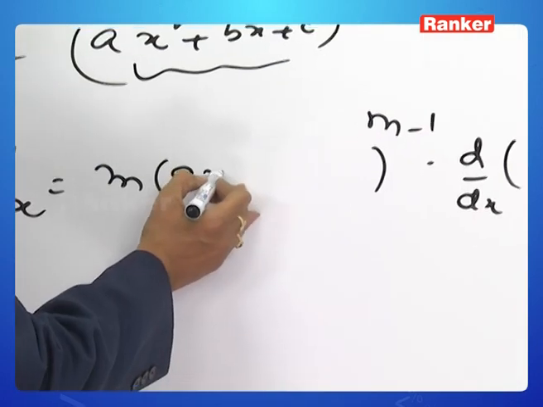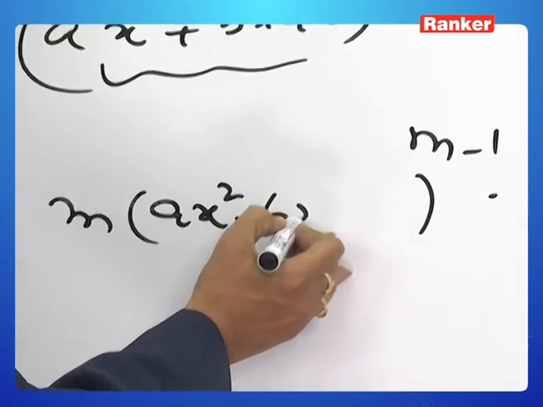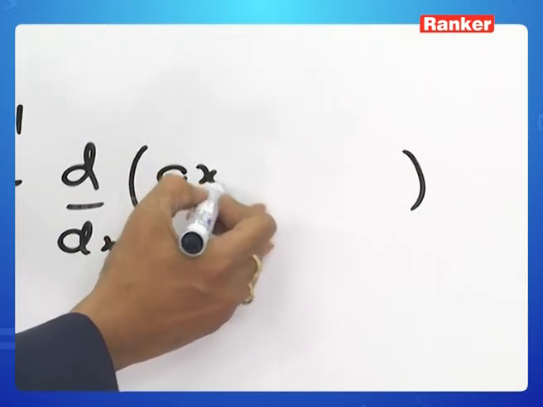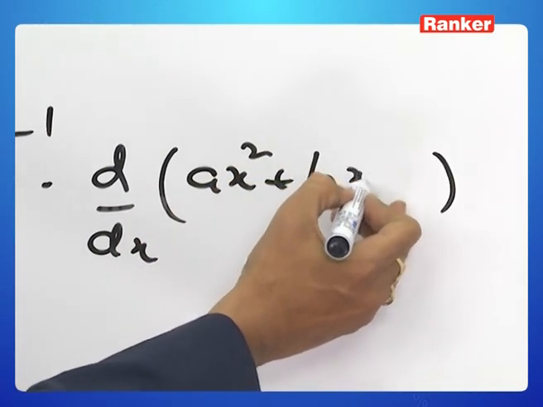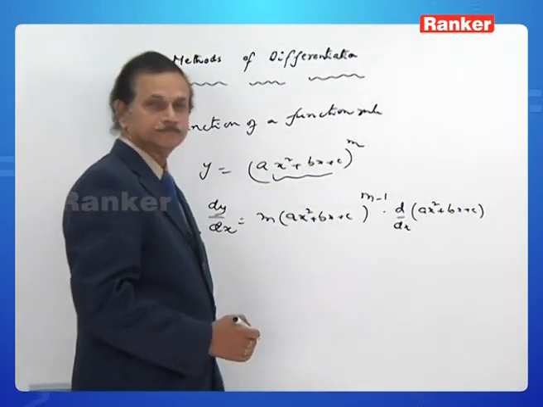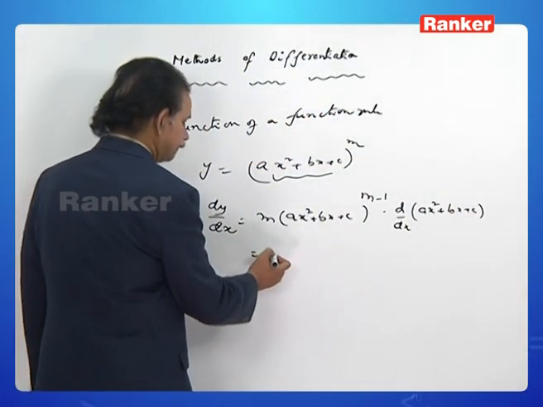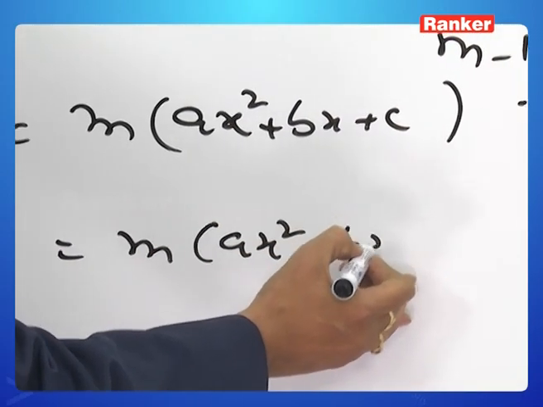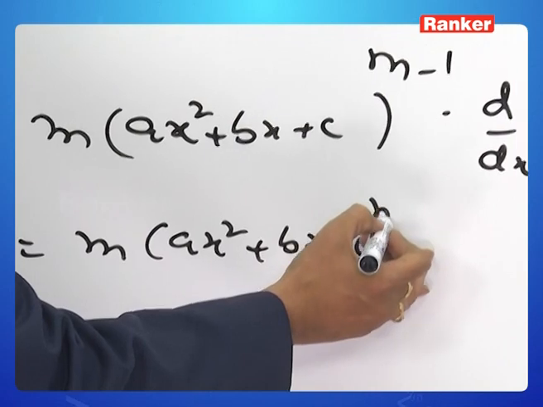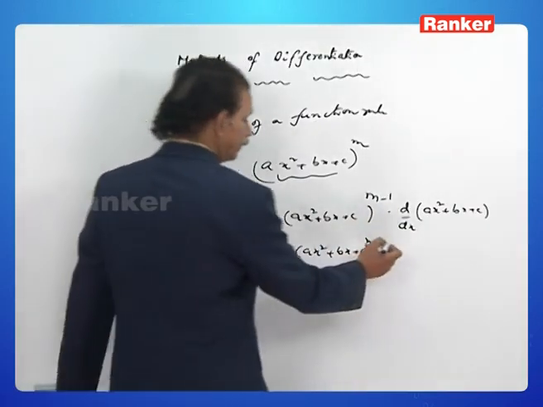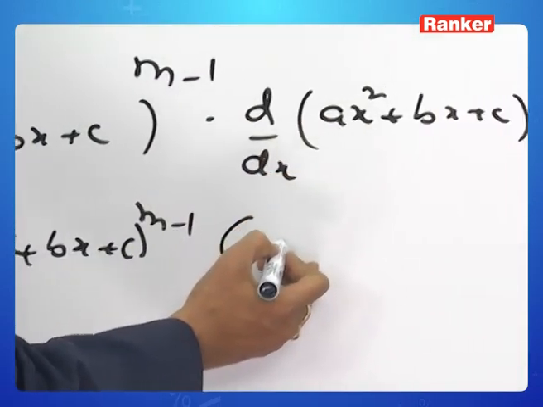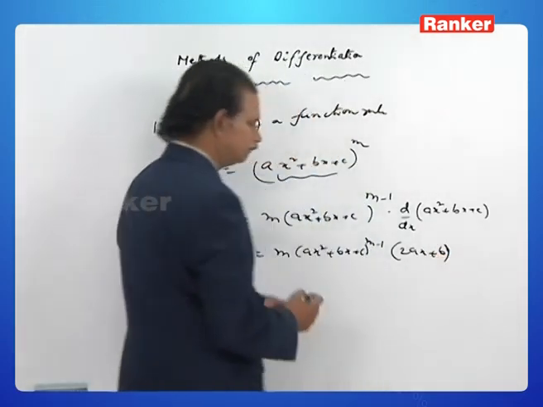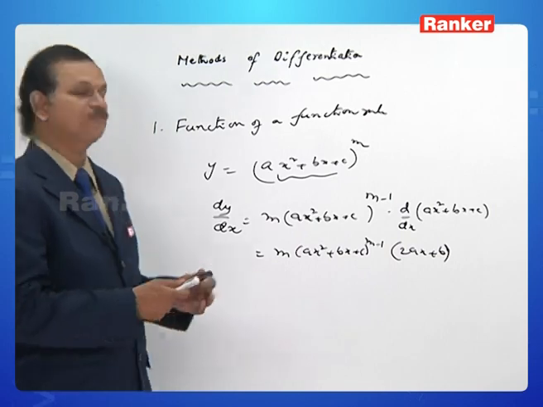Therefore, into dy by dx of ax square plus bx plus c. This is again m into (ax square plus bx plus c) whole to the power of m minus 1 into the derivative: for ax square it is 2ax, for bx it is b, for c it is 0.